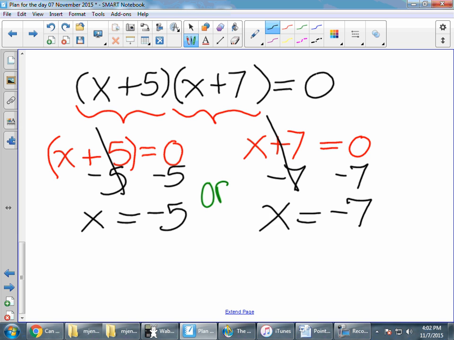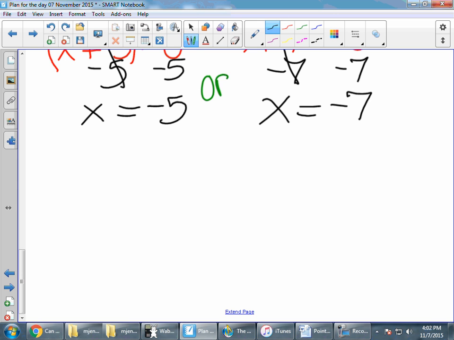And so we can determine from using the zero product property that our solutions could be negative 5 or negative 7. And a fancy way of writing that we've come to this conclusion is we could say, therefore, our solution is negative 5 or negative 7.